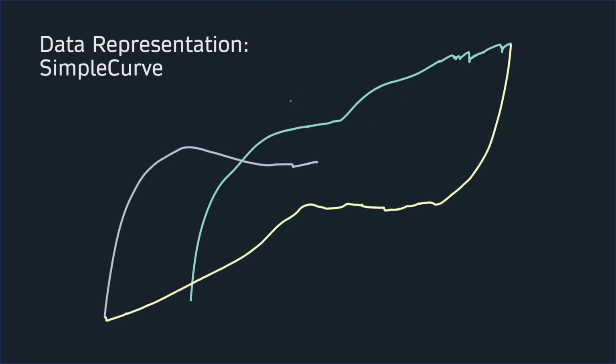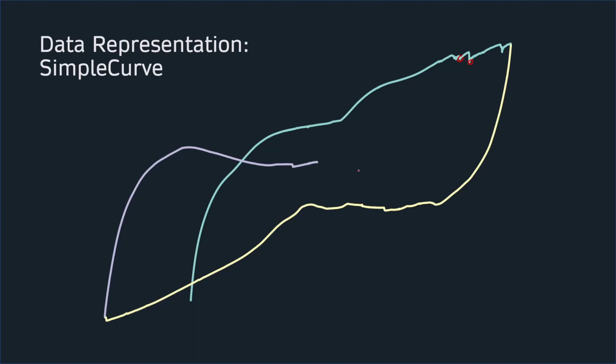So we can break a hysteresis up into a number of simple curves, and these do not change direction in X. There might be a few jitters where we're maybe slipping back slightly, but as a whole, this curve is only going in one direction in X. And so we can break our hysteresis up into these simpler objects.